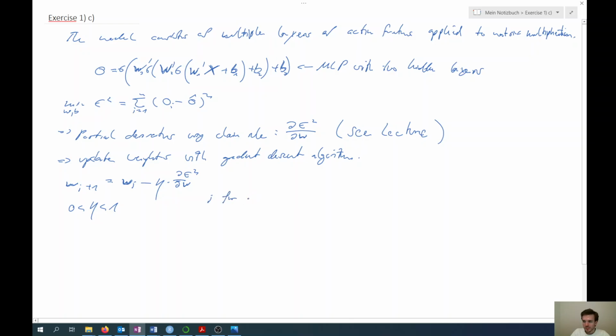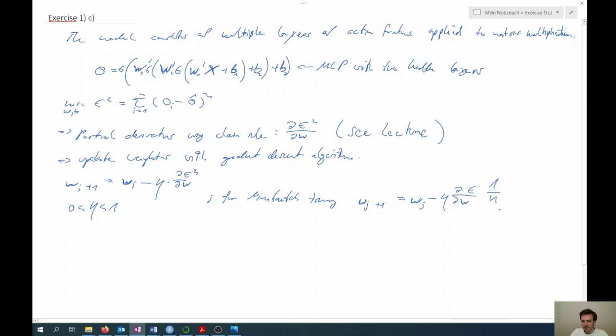So for mini-batch training, the weight of the next period would be the weight of the current period, these should also be matrices, and then we subtract the learning rate times the derivatives.